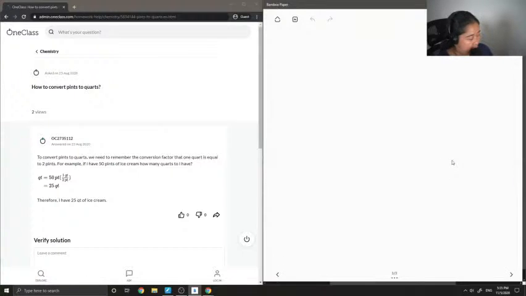Okay, so the next question is similar, but this time it is asking how do you convert pints to quarts? So there are actually 2 pints in 1 quart.